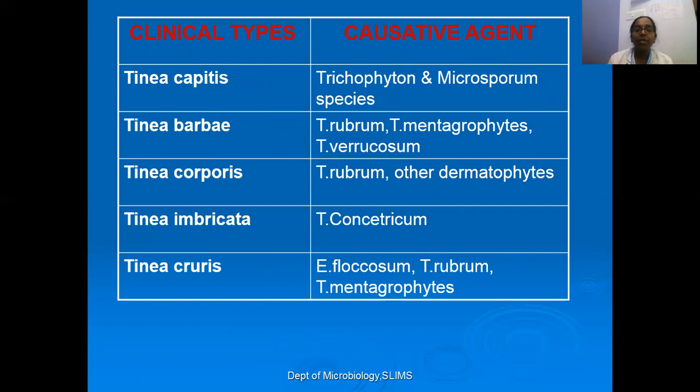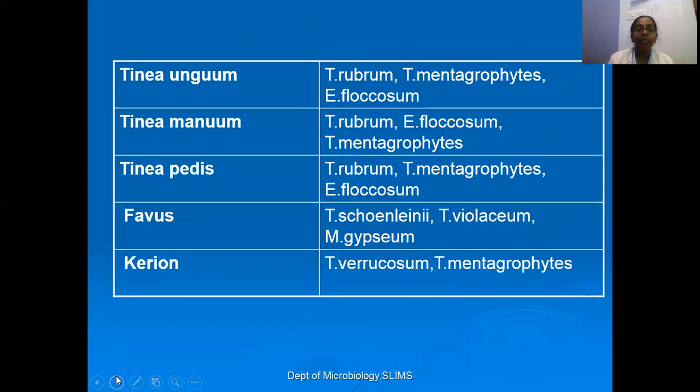In Tinea cruris, Epidermophyton floccosum, Trichophyton rubrum and mentagrophytes are more common. In Tinea manuum, Trichophyton rubrum, mentagrophytes, and Epidermophyton floccosum.